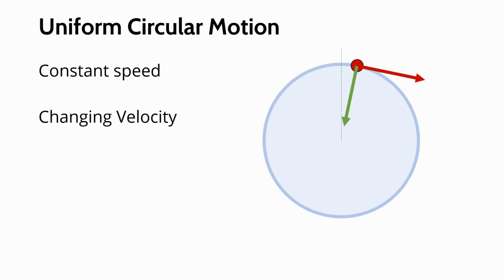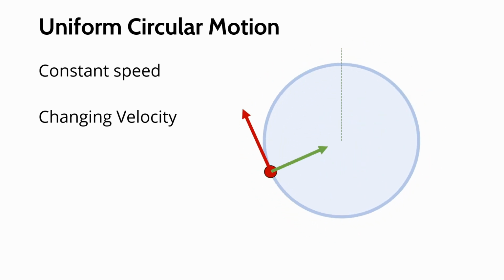Because the speed is not changing, there can be no component of the acceleration in the same direction as that speed. If there was an acceleration in the same direction as the speed, you'd get an increase or decrease of speed. But because we're only getting a change in direction, the acceleration must be at right angles to the direction of motion at all times.